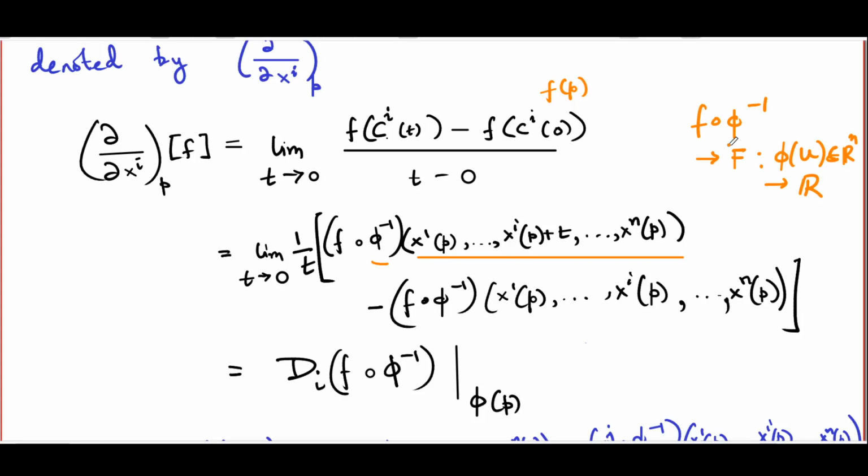Del del xi at p, the tangent vector to the ith curve acting on a function f, gives you exactly the ith partial derivative of the proxy function evaluated at the proxy point phi of p. I am writing capital Di for the partial derivative just to distinguish this from del del xi, which for us is the tangent vector. Of course, what we are saying here is that the tangent vector essentially behaves like the ith partial derivative, at least at the level of the proxy function.